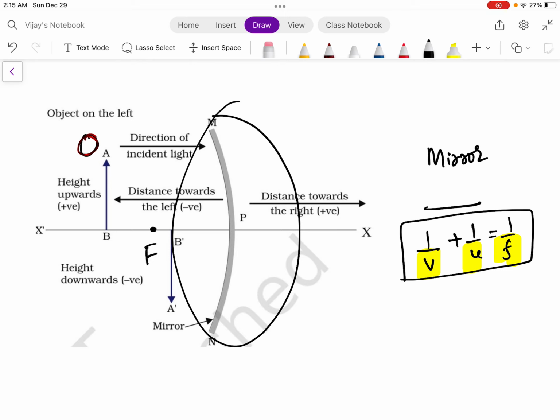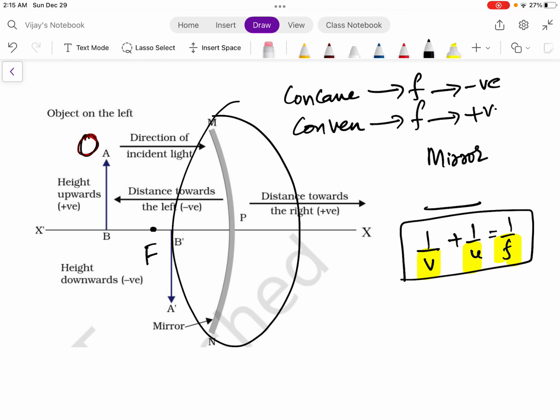So the convention is, the focal length of a concave mirror is taken as negative. But if you have a convex mirror, its focus will be on the right side, so the focal length is taken as positive. So for a concave mirror, the focal length is negative, and for a convex mirror, the focal length is positive.